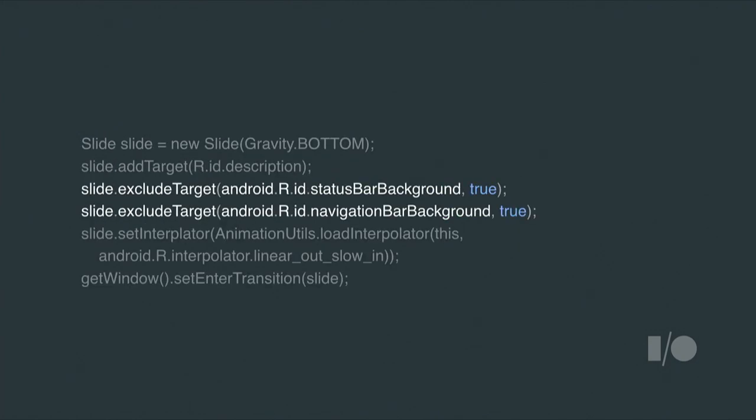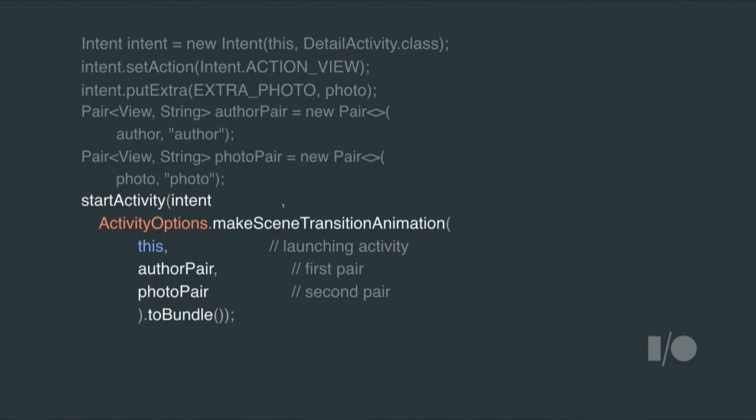You basically just say, on this transition, exclude the target, and set those values to true. But you can also do something a little bit more nifty. You can add this to the shared element transitions. So you could have recolors in there, or just fade things out when you want, within a shared element transition.